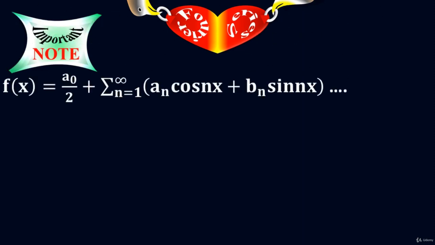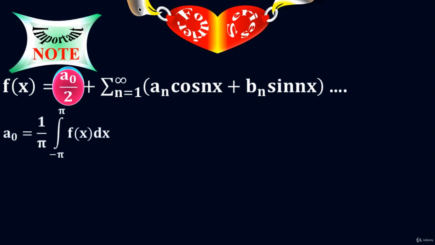Let me tell you one important note here. Sometimes you will see the formula of Fourier series in a form where you have a sub naught over 2 instead of a sub naught. In some books they have written a sub naught over 2, where the coefficient a sub naught equals 1 over pi times the integral of f of x dx.